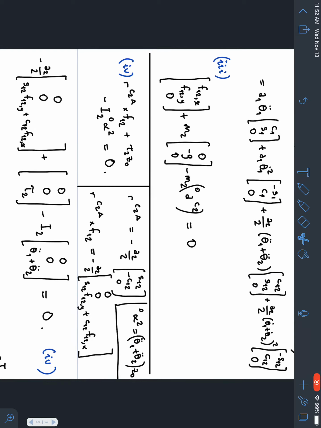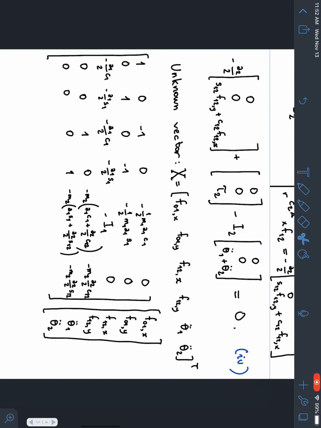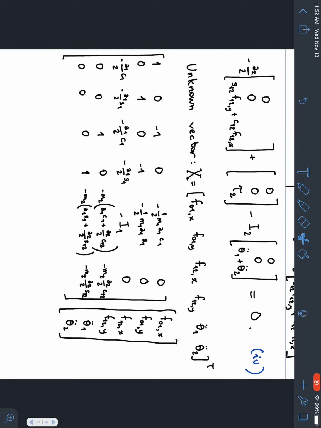And for the fourth equation, I already have it above me, so I don't have to copy anything. The coefficient of f01x and f01y are both 0. The coefficient of f12x is minus a2 over 2 cosine of theta 1 plus theta 2.